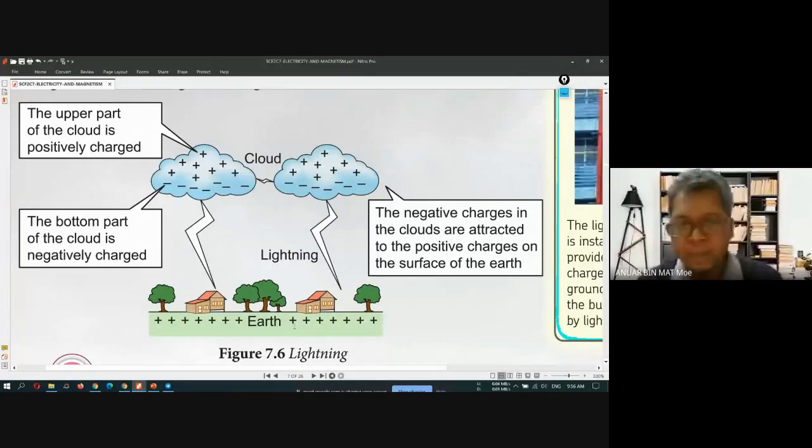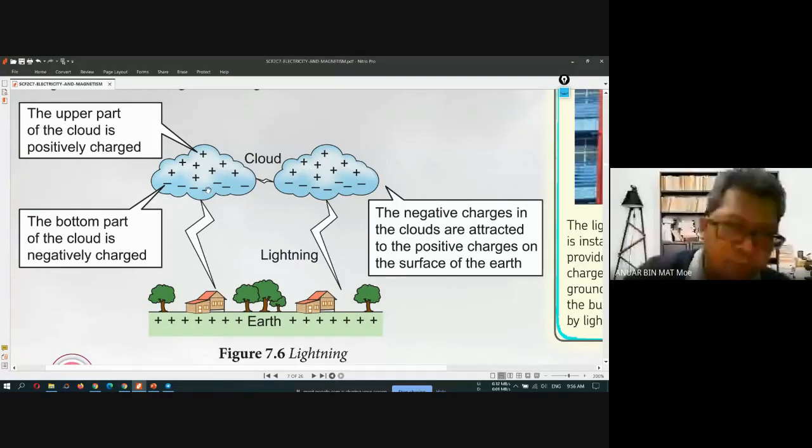In this case, in lightning, the negative charge on the cloud will jump to the positive charge on the surface of the Earth, so it produces lightning. Lightning is a very dangerous electrostatic discharge because it contains millions of volts, very powerful, and it can damage buildings.